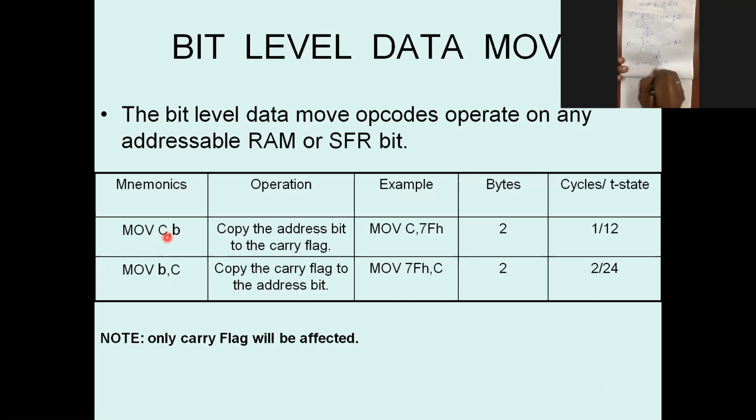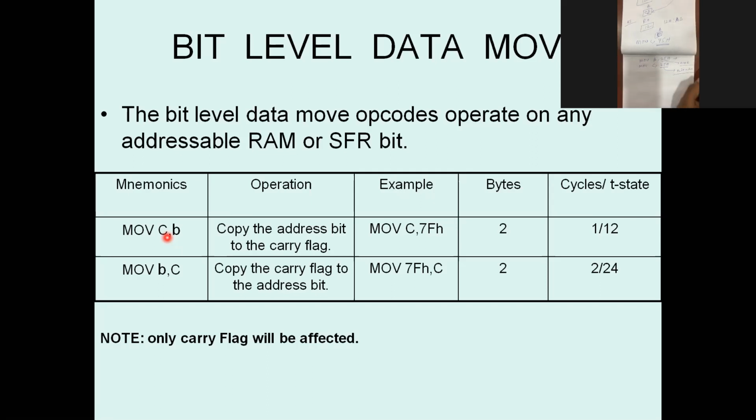And 75H, or whatever it is, is treated as a bit address, not a byte address. So how will the microcontroller understand? Sometimes we use MOV A, 35H, and sometimes MOV C, 35H. What is the difference? Here 8-bit data will be copied from the 35H memory location to the accumulator, so this is a byte address, but this one is a bit address.